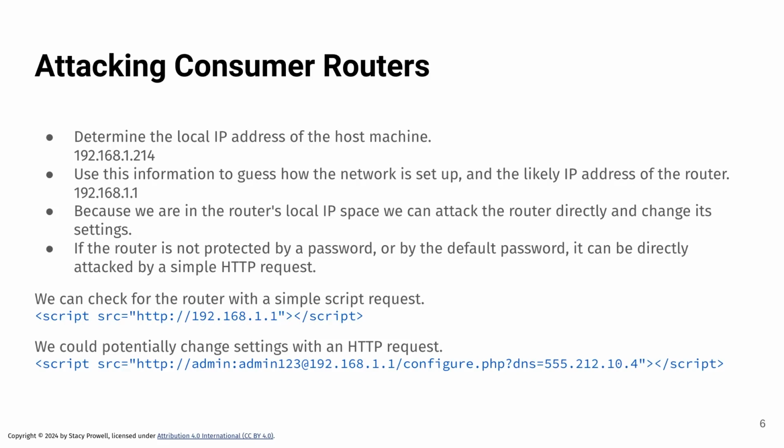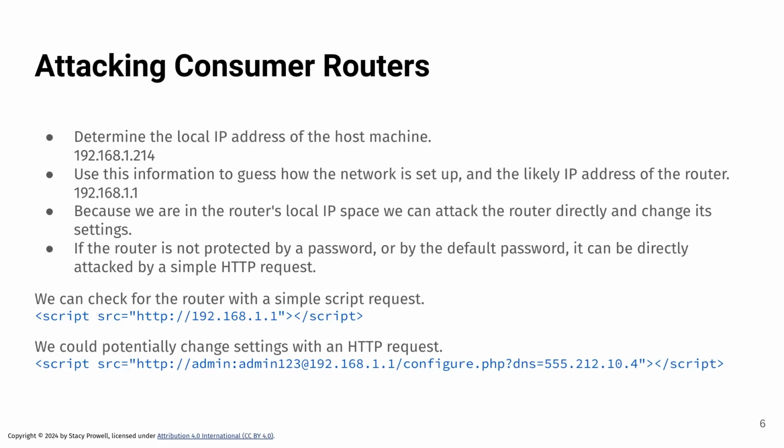If the router is not protected by a password, and sometimes it's not, or if I know that it was installed by a certain ISP and I know the protocol they use for assigning passwords. And yes, in one of our houses, the password was something to do with our street address.